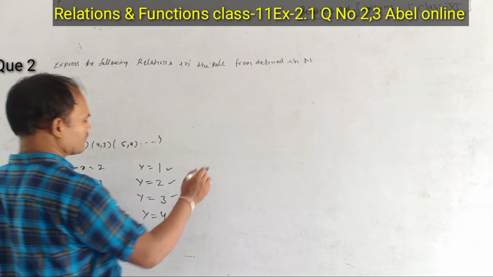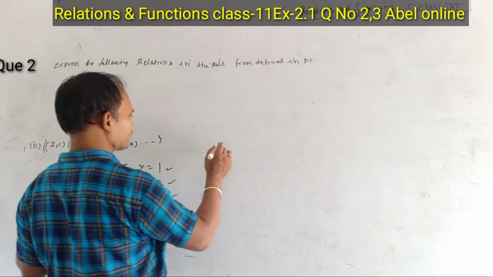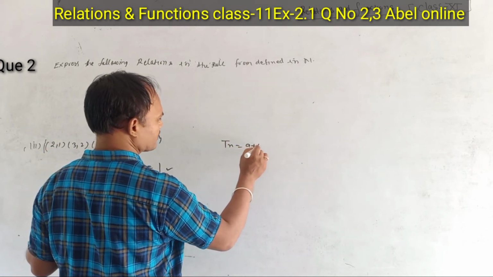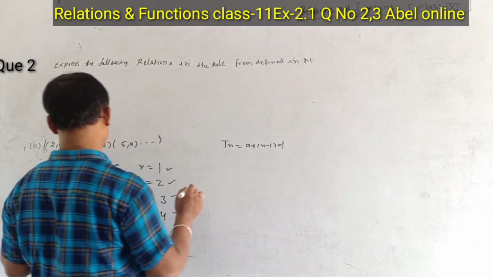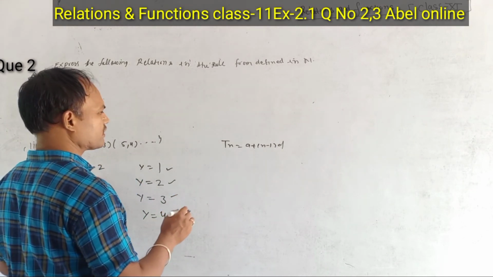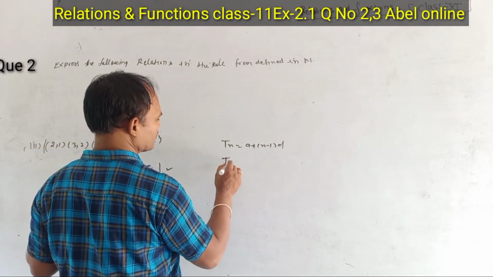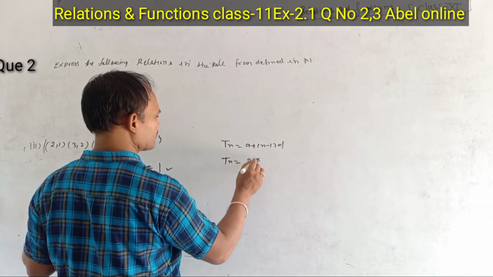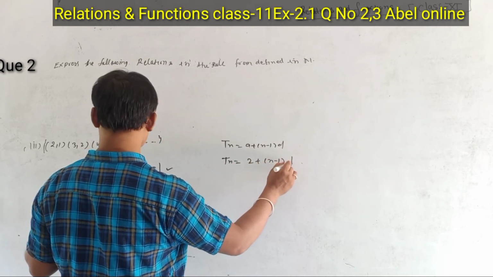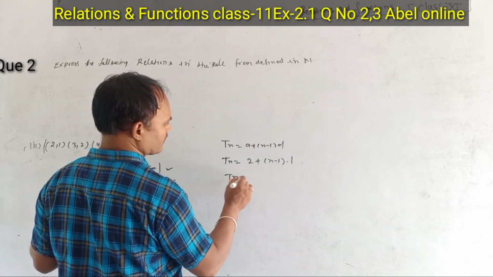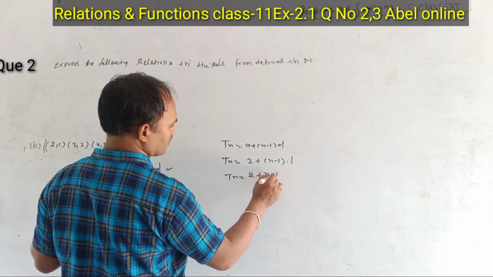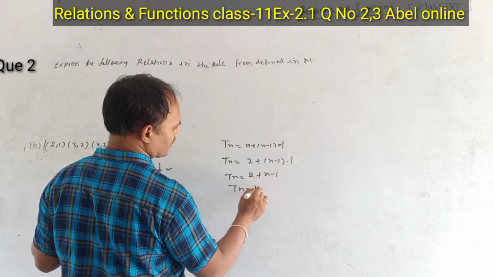So Tn equal a plus n minus 1 d. d is 3 minus 2, so it is 1. So Tn equal 2 plus n minus 1, with d equal to 1. So Tn equal 1 plus n.